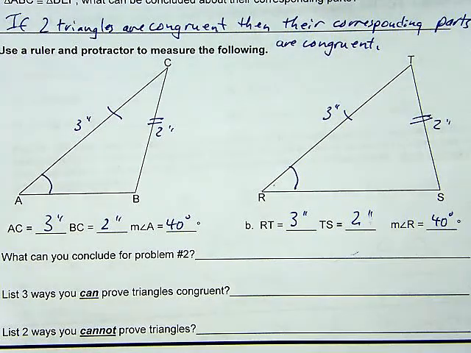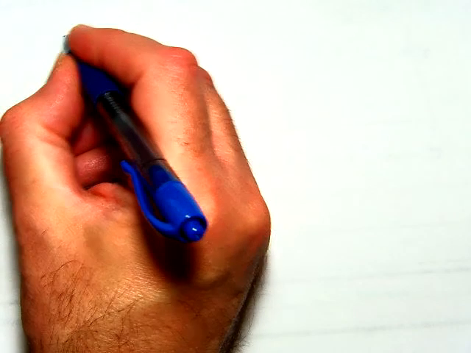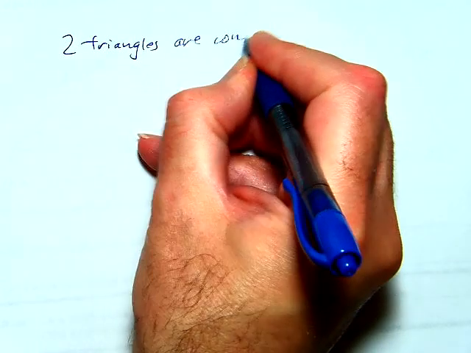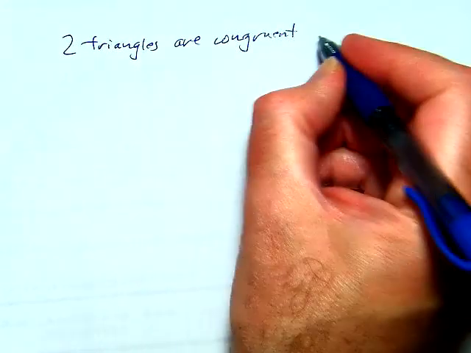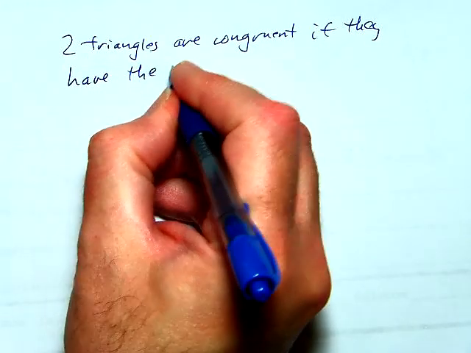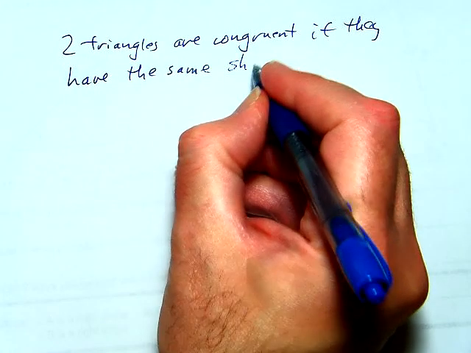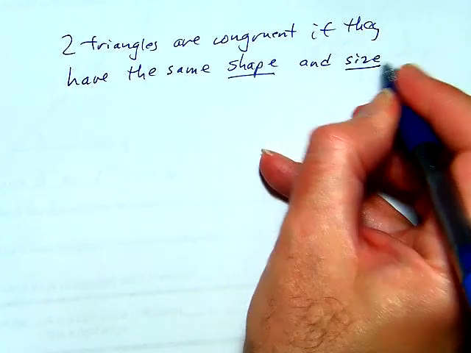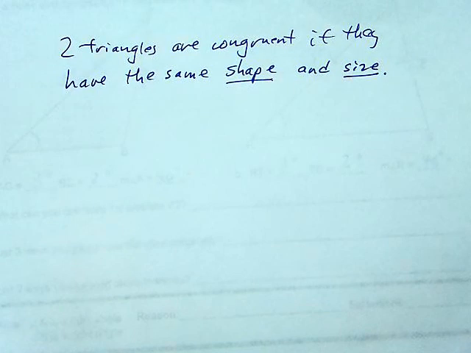Two triangles are congruent if they have the same shape and size. Because that's really what it means when we can take a patty paper tracing and put it right on top of another triangle. It's got to be the same size and the same shape as the first triangle.